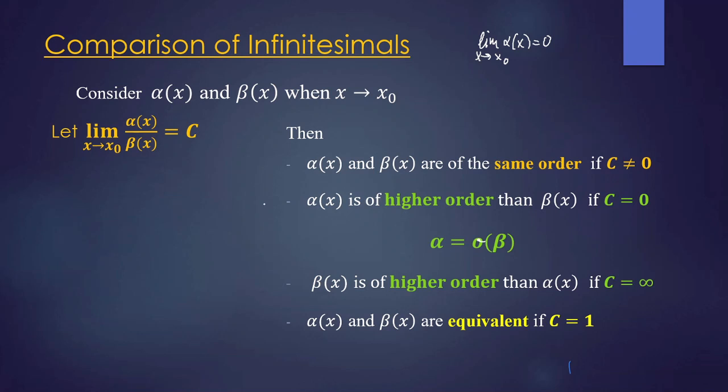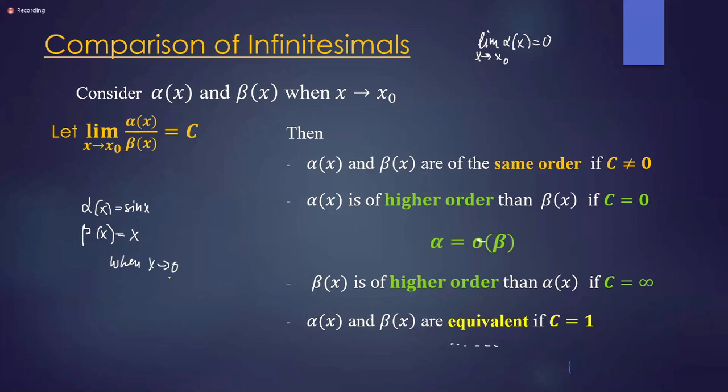We already know some equivalent infinitely small functions. For example, if alpha is sine of x and beta is just x, then we could say, okay, these two are equivalent when x tends to 0. Of course, not everywhere, but if x tends to a special point.